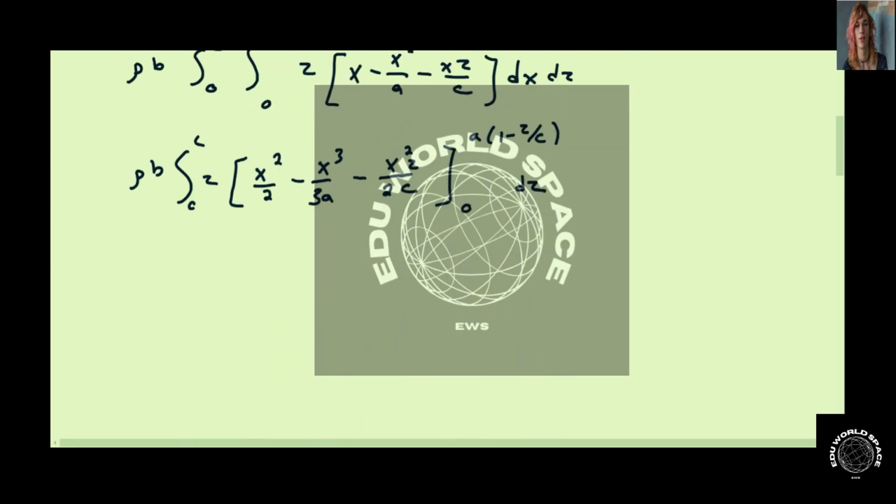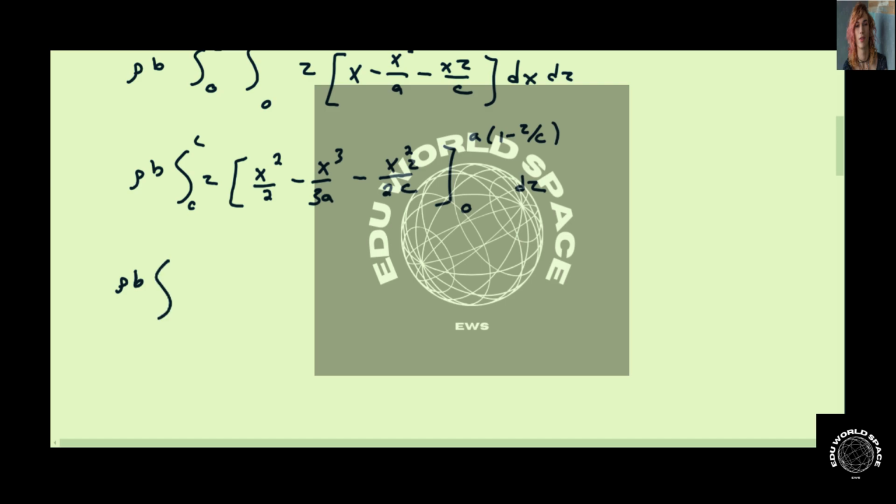And now what we have is x, so it's x squared over 2, minus x cubed over 3a, minus x squared over 2 times z over c, and we have dz, evaluated from 0 to a(1 minus z/c). And now we're just going to plug this into all the x's.